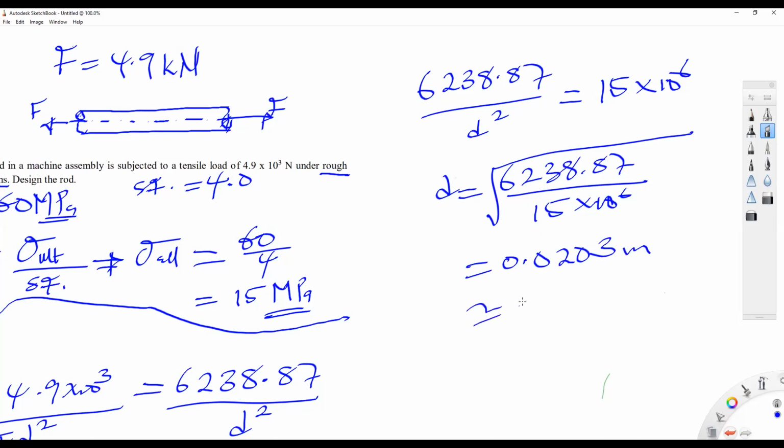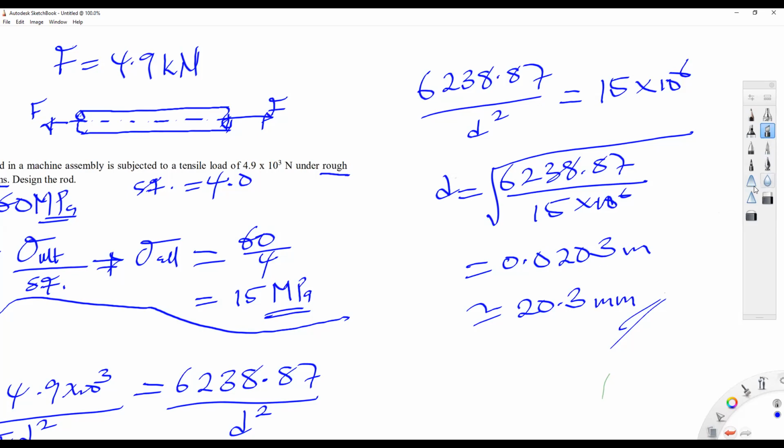Or we can say that it is 20.3 millimeters. Is that correct? So make it 20.4, it is 0.0204.